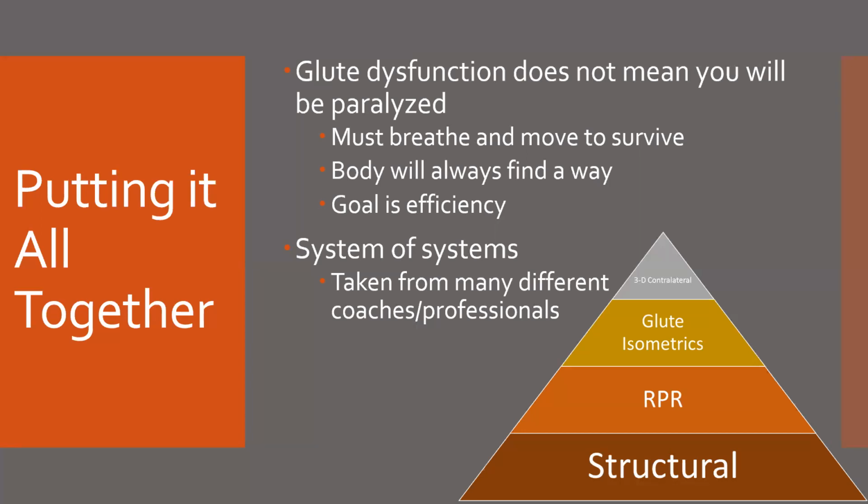Your body's always going to find a way to move, and our goal as performance coaches, practitioners, is to ensure that that athlete is completing those movements in the most efficient but also powerful manner possible, as that's going to aid in their performance and safety on the field. So this is a system of systems.